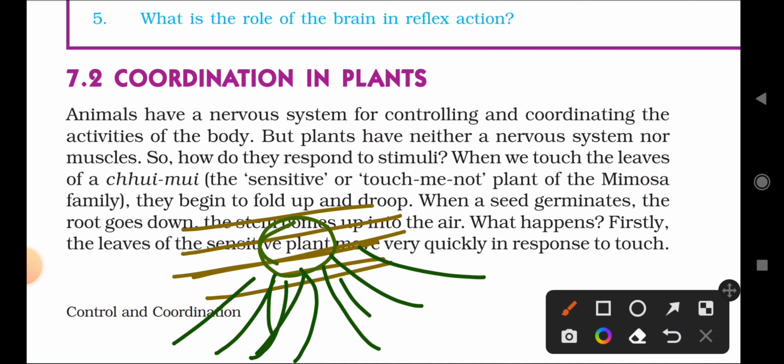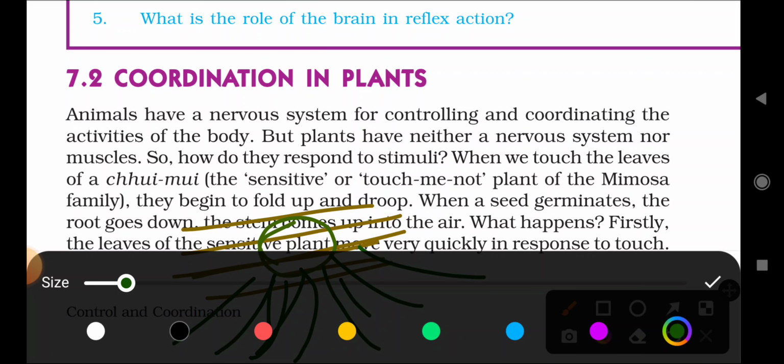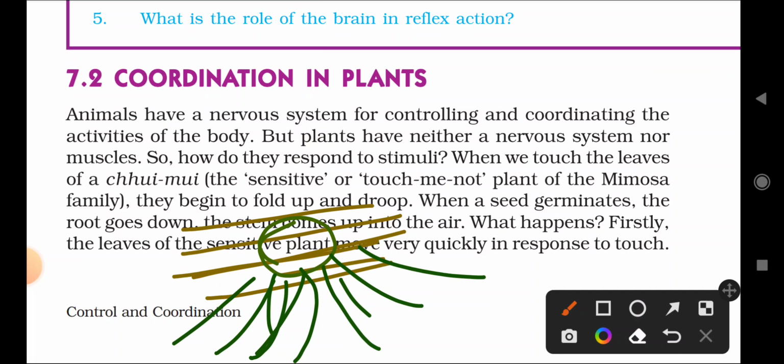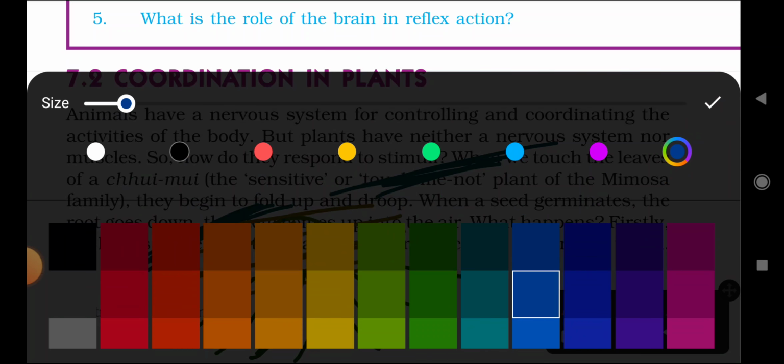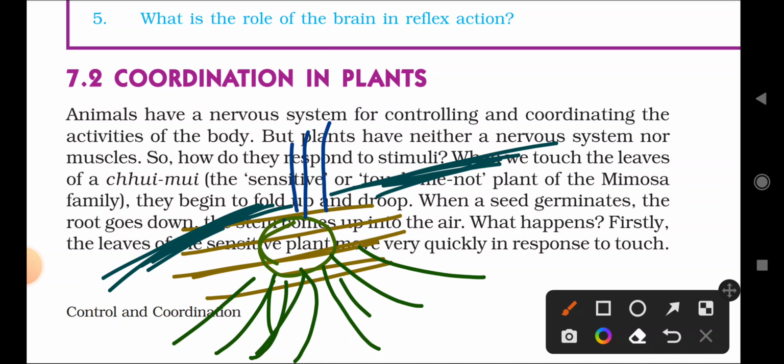After that the stem comes outside. Some days later, the stem pushes the soil aside and comes upward. This is called germination. The roots go into the soil, and as the stem grows, it moves the soil aside and grows in the upward direction.